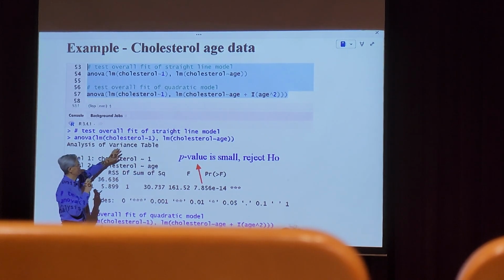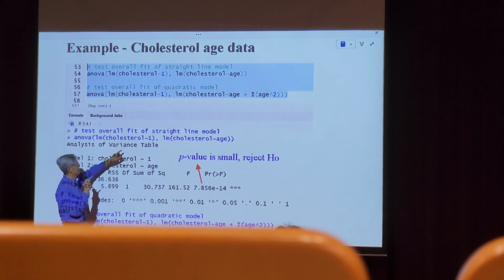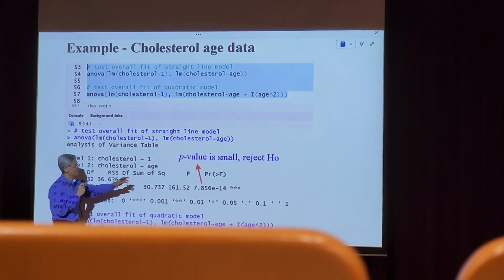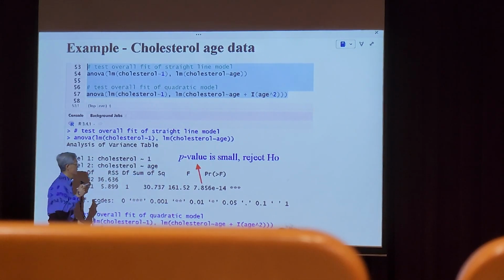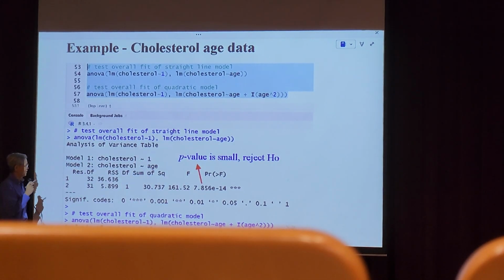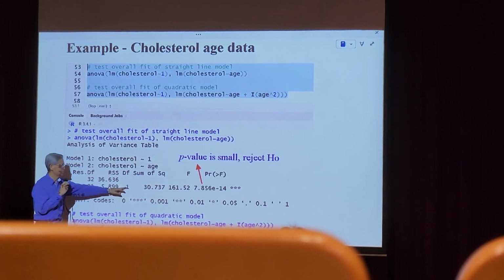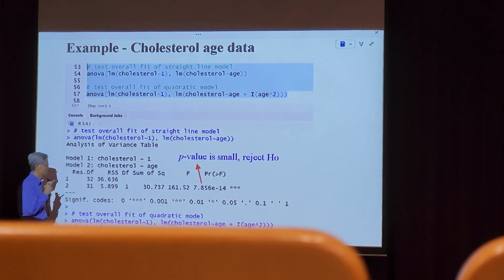But just to show you exactly what's happening, you are comparing this with beta naught, and beta naught and beta 1. So you subtract this from this. 1 degree of freedom, and that is your p-value.